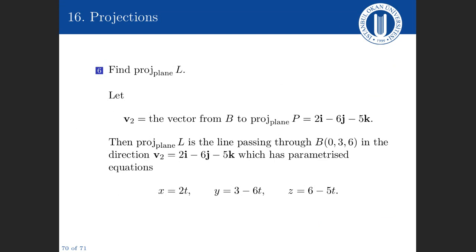In the first chapter today, we saw, I think in the second example, how to find the line passing through 2 points. You can check that the answer to the question is x equals 2t, y equals 3 minus 6t, z equals 6 minus 5t.